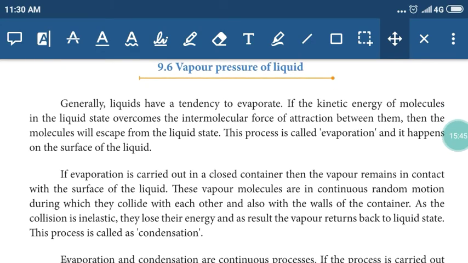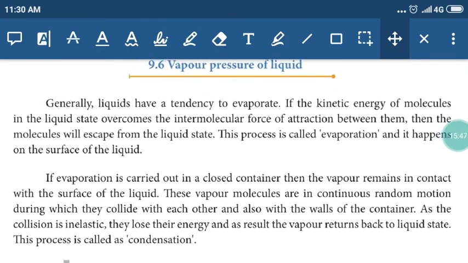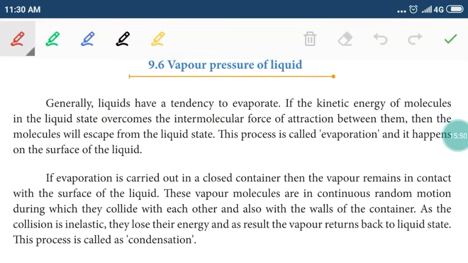So next we move into vapor pressure. In lower classes we already studied the evaporation process and condensation process of a liquid. Liquid will be evaporated to become a vapor, and the vapors can be condensed to get liquid.